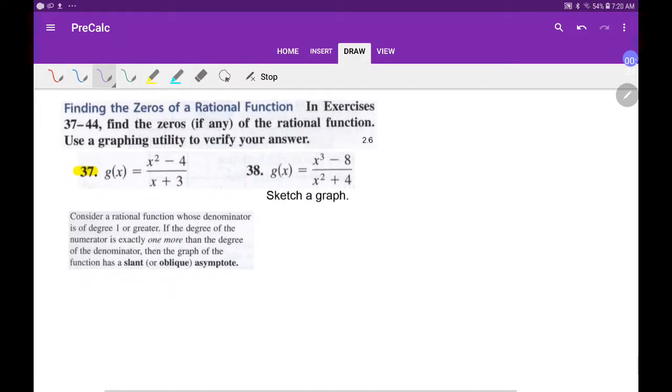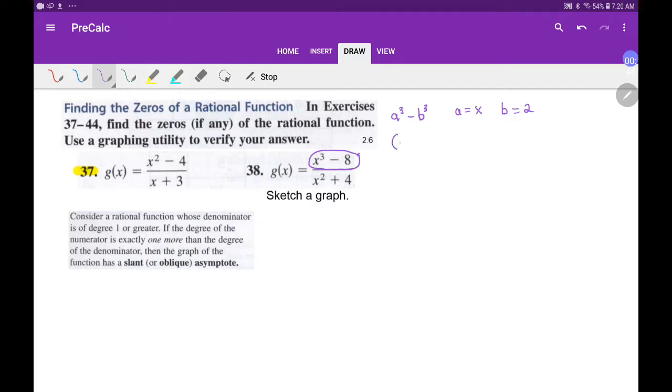So finding the zeros of a rational function. Okay, so hopefully you recognize this top part as a to the third minus b to the third, where a is equal to x and b is equal to 2.